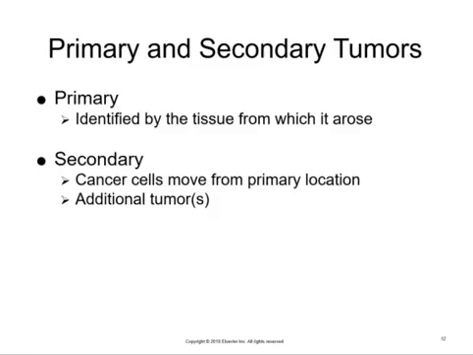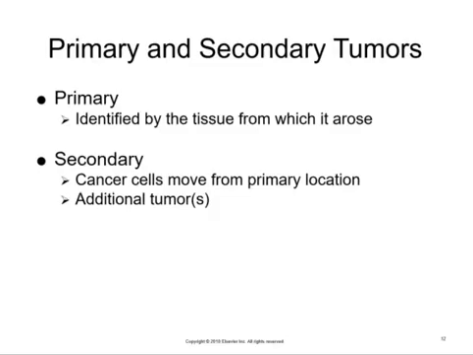The secondary tumor is going to be your metastasis. Even though this tumor may have spread to other places, it remains the same type of tumor. So going back to the breast cancer, if you had metastasis to another site like the lung, and you took a biopsy of that tumor from the lung, it would look similar to the tumor that was originally in the breast.